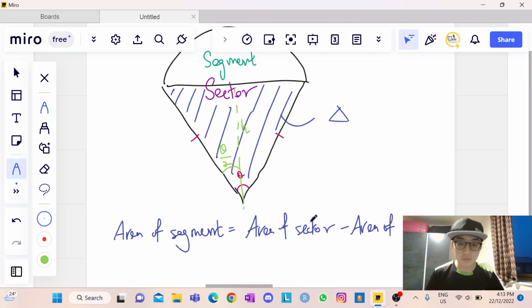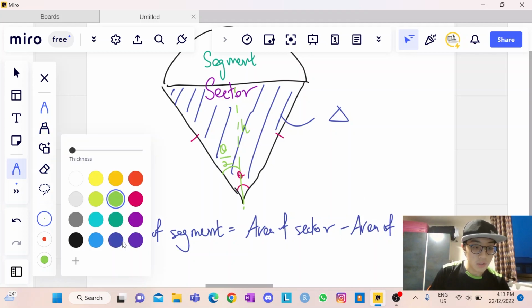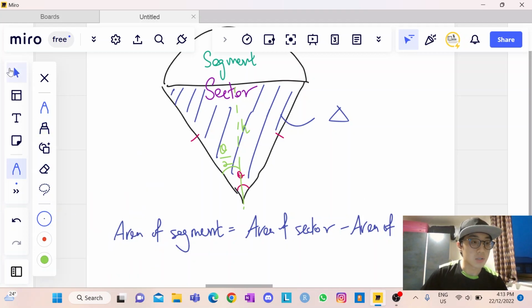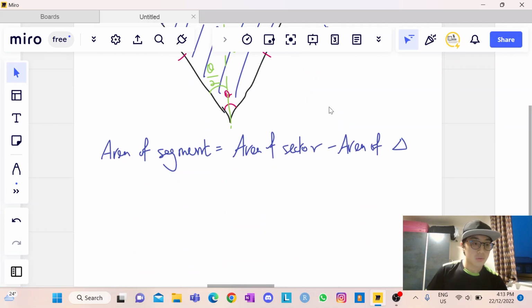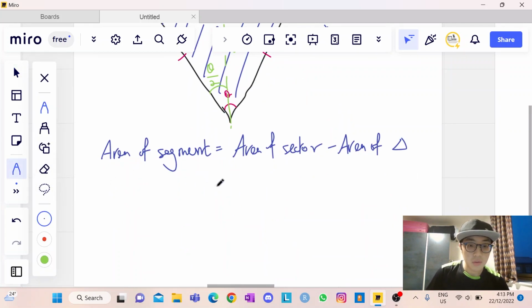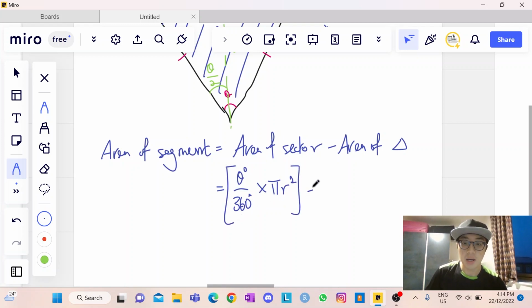It's very hard to actually write it down in terms of unknowns, but let's try it. The area of sector is equal to theta over 360 degrees multiplied by pi r squared. And from this whole thing you need to minus the area of a triangle.